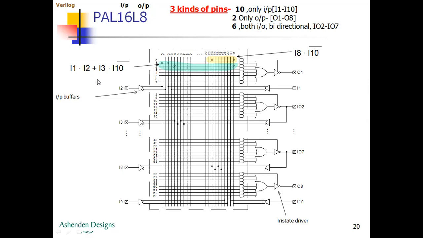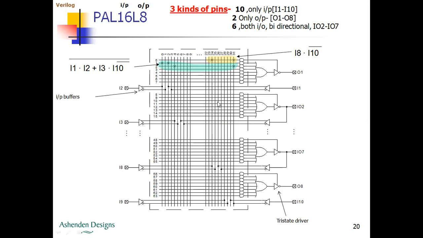Thus we have AOI logic here, an AND-OR-invert logic, implemented using this PAL16L8. Here we can implement combinational functions, and to implement sequential functions we may need some extra elements, for example registers.